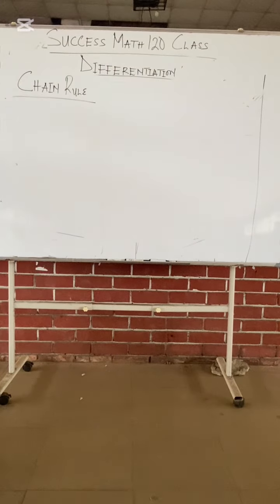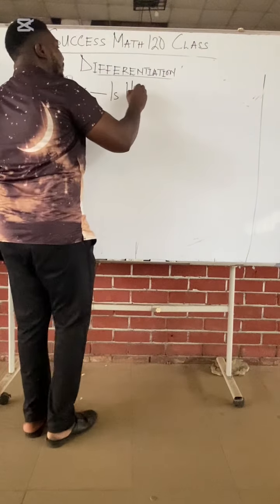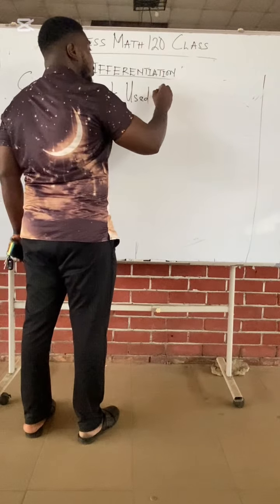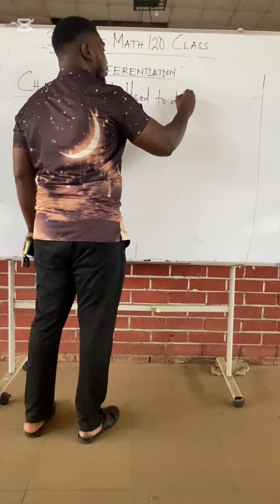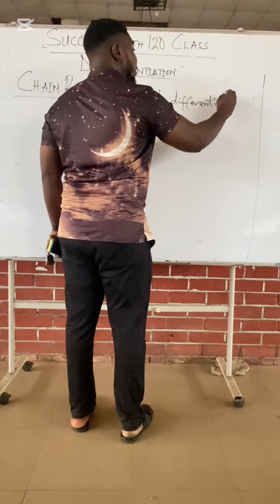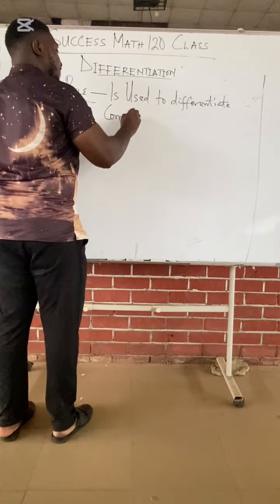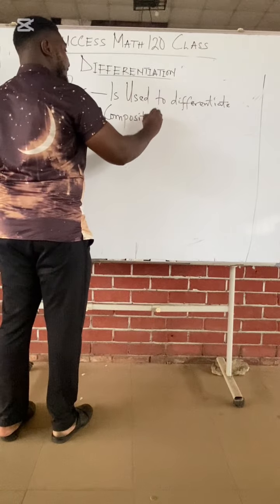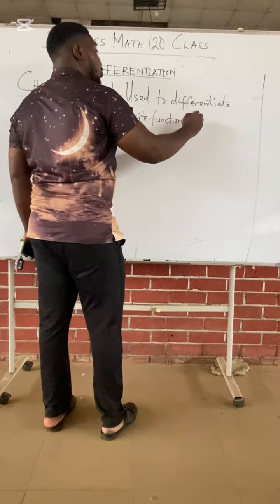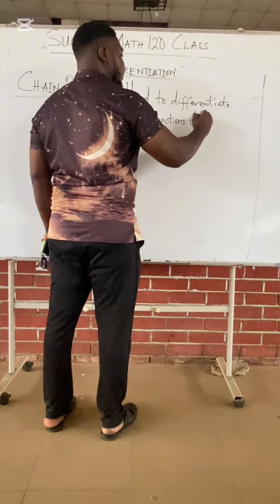Chain rule is used to differentiate composite functions, or function of function. Also known as what? Function of functions.